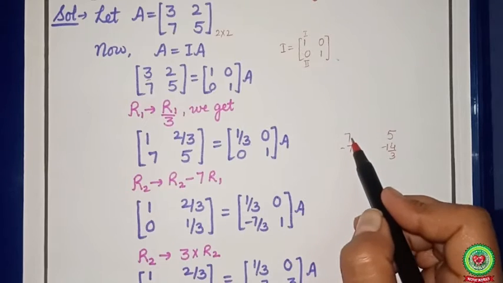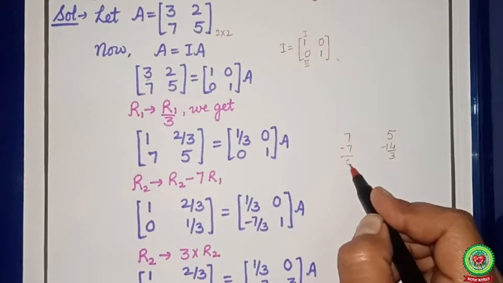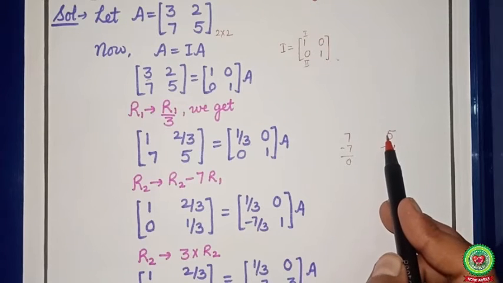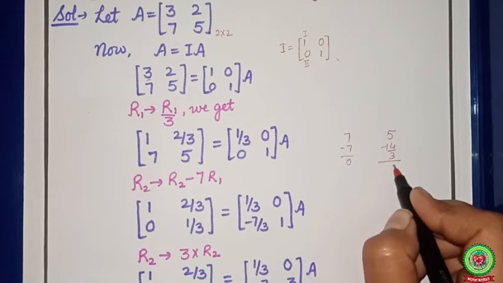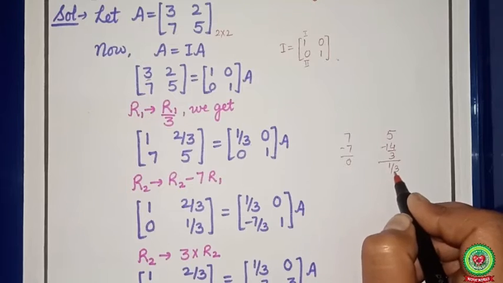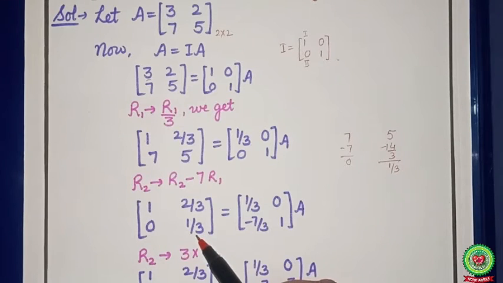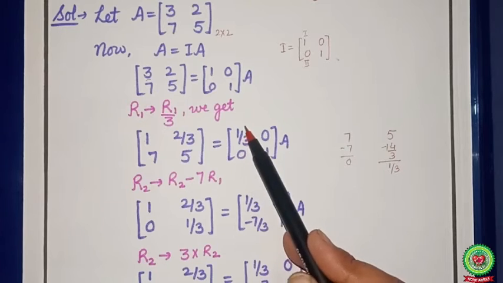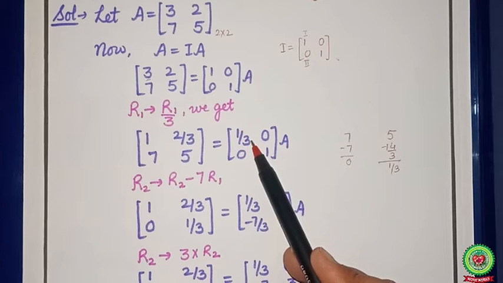Now when you do the calculation here, 7 minus 7 will be 0, and here 3 fives are 15 minus 14. So answer will be 1 by 3. So write down the result here. So it is 0 and 1 by 3. Same operation on the right hand side also. So it is 0 minus 7 times 1 by 3.